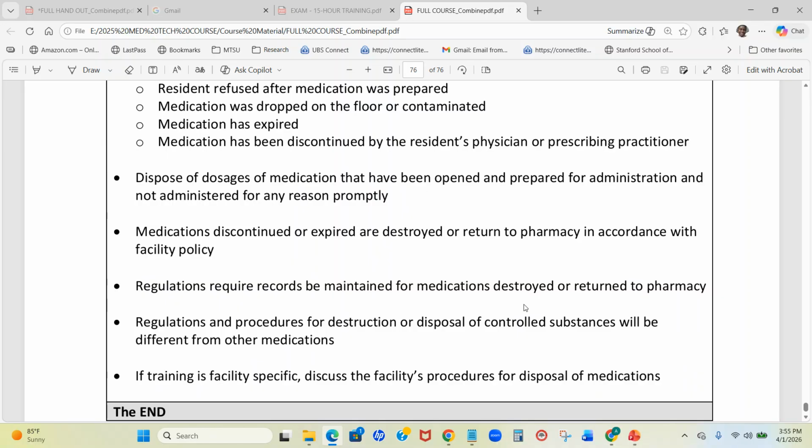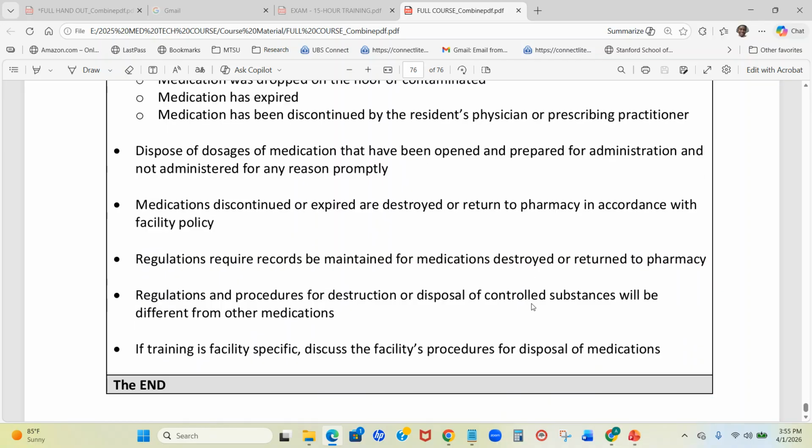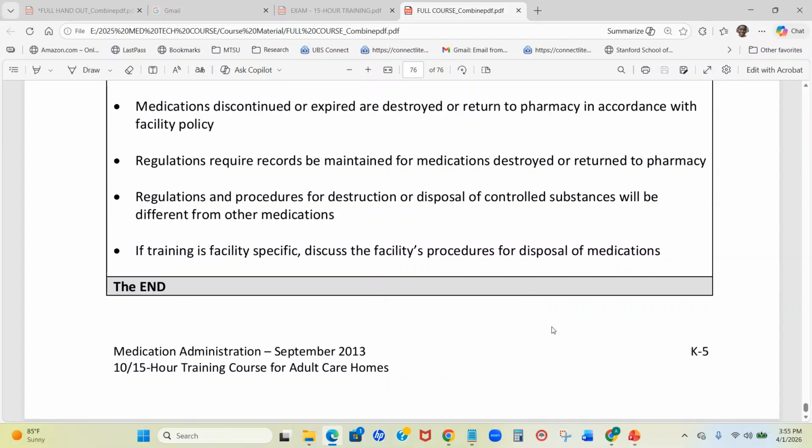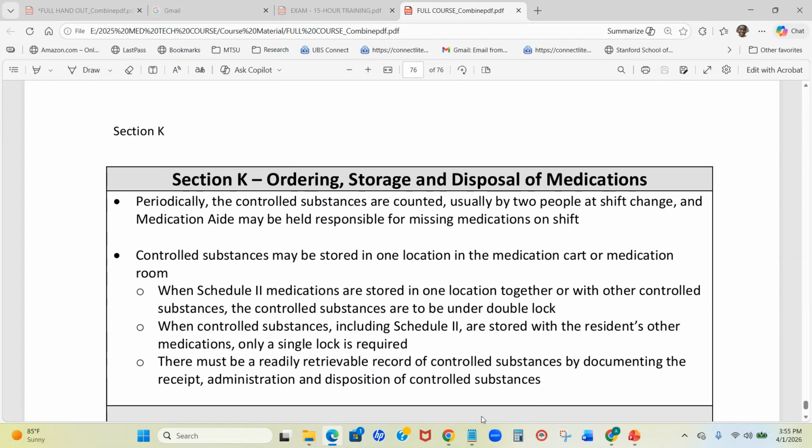It's very important. The state might look into all that. Regulations and procedures for destruction or disposal of controlled substances will be different from other medications. So take note of that. If training is facility specific, discuss the facility's procedures for the disposal of the medication.